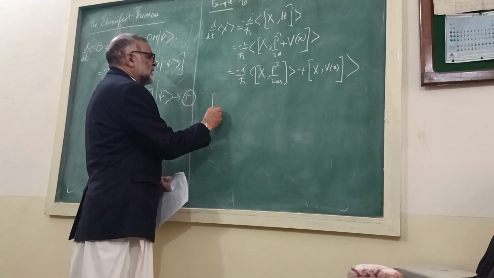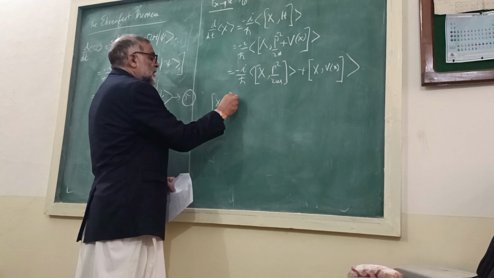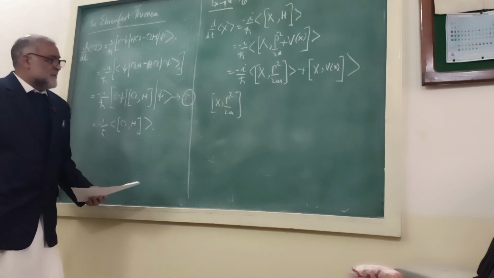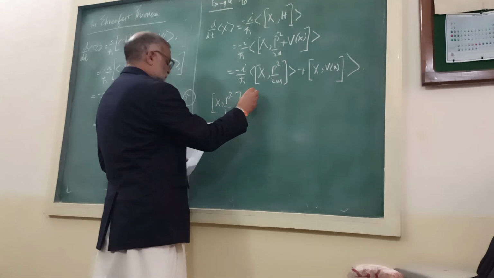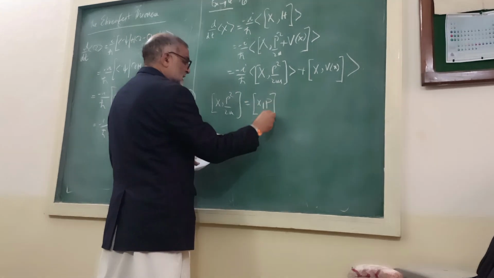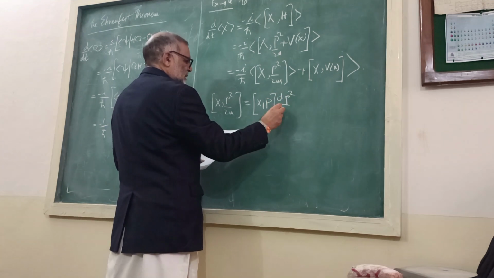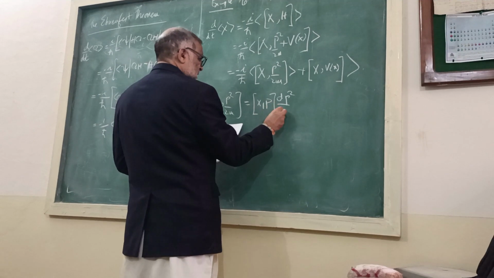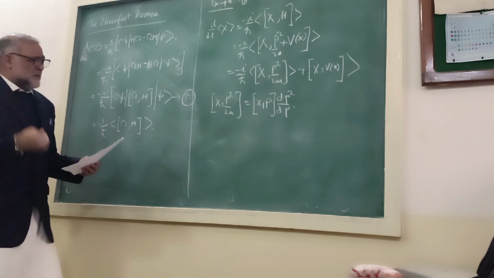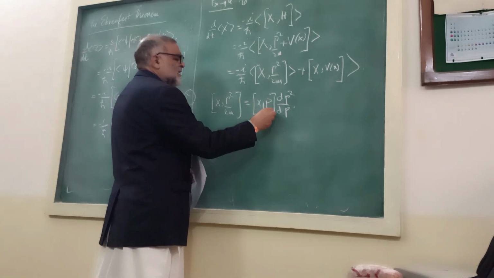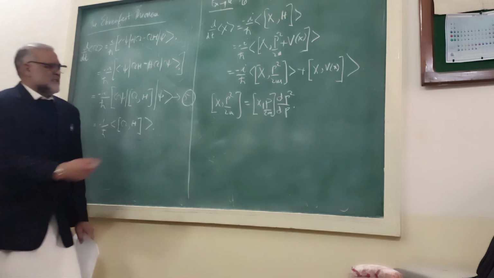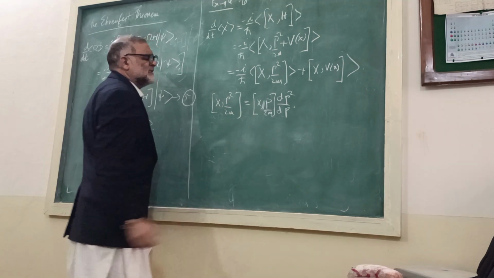That will be equal to p square divided by 2m, which is x and p, and d of p square divided by dp.